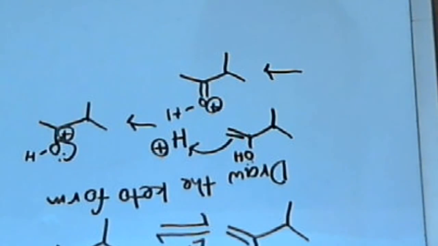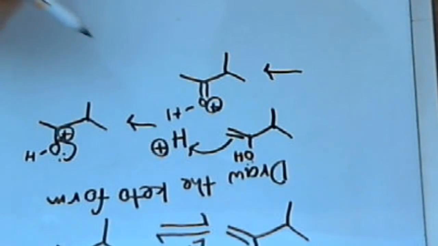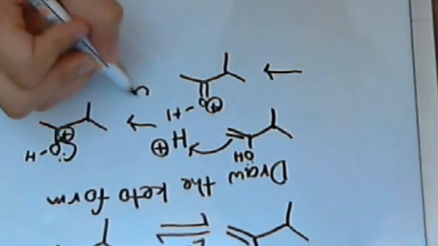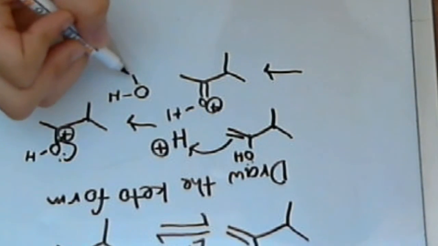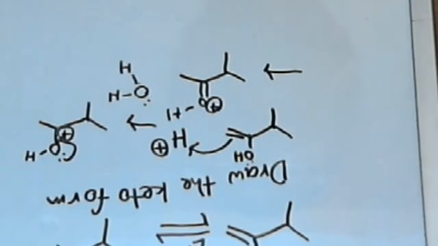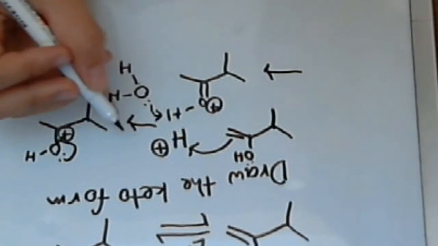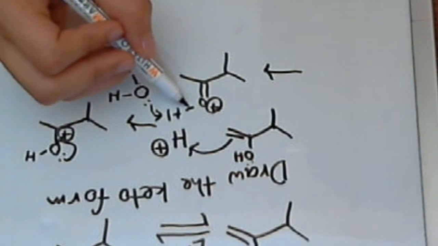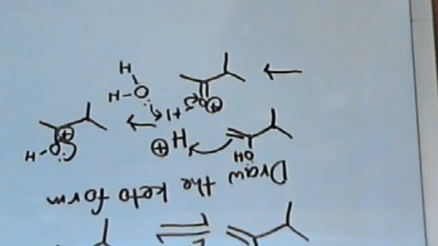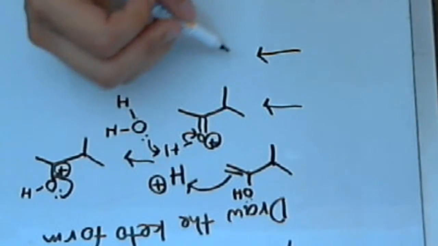So again, we're going to take off this hydrogen, and what's the most basic thing we have around? Well, typically it's going to be water. So if you usually don't have a base, the most basic thing you're going to have around is water, and that's going to take off that hydrogen and give the electrons back to the oxygen. So that's going to leave us with the keto form.